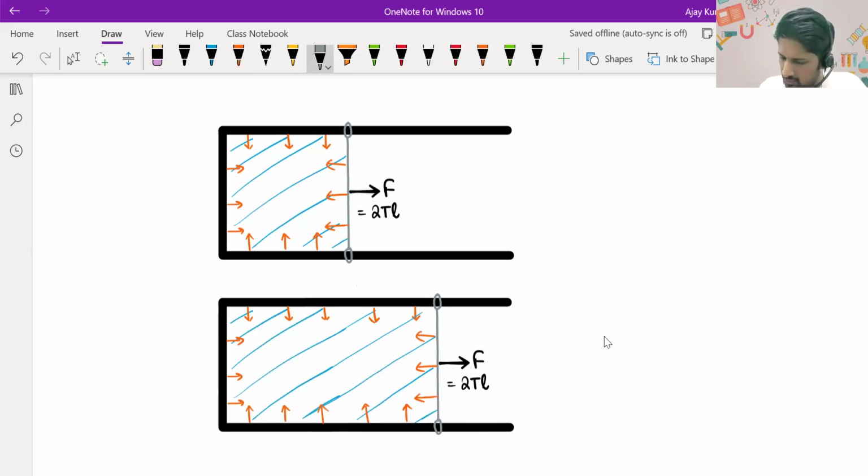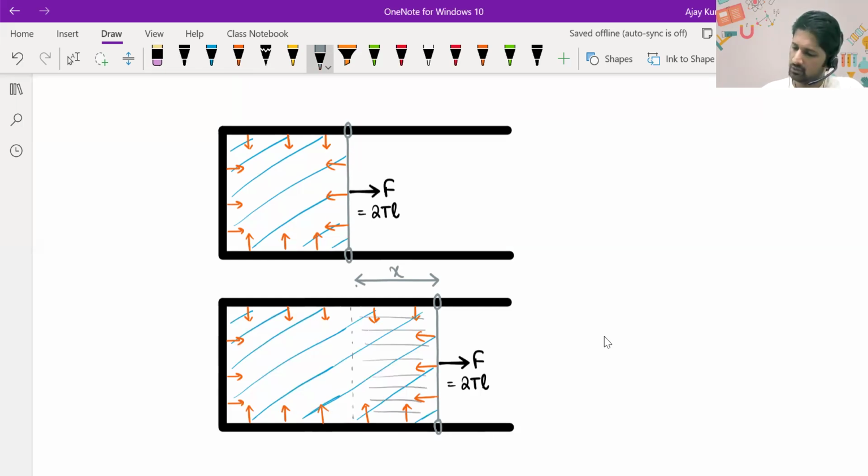So let's assume you expanded the surface by a distance x. Now the length of that sliding wire is L. You pulled it aside by x. So what you effectively did is you created new surface. How much? This rectangle.